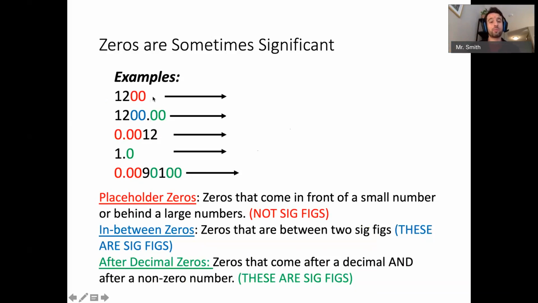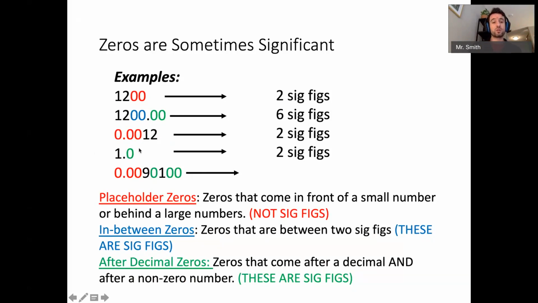For example, has two sig figs, but 100.00 sig figs. Between zeros. And then for the placeholder zeros, they come after the decimal point, but they also come before these numbers 1 and 2, so those are still placeholders.